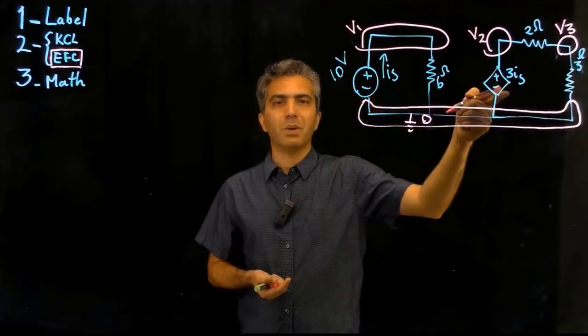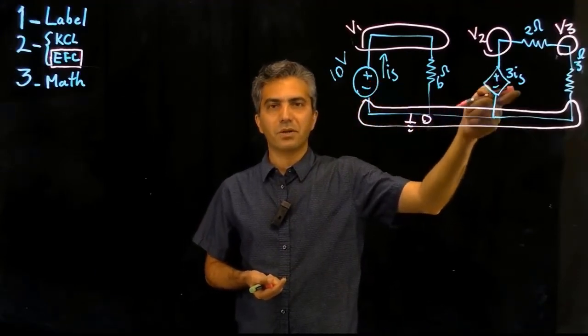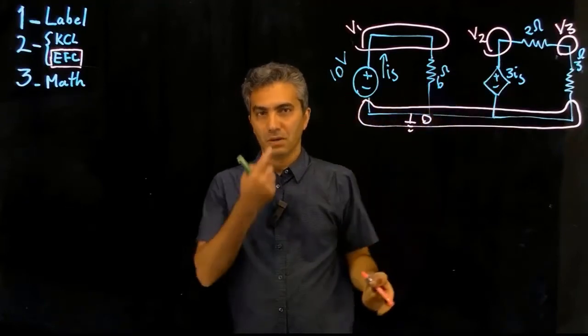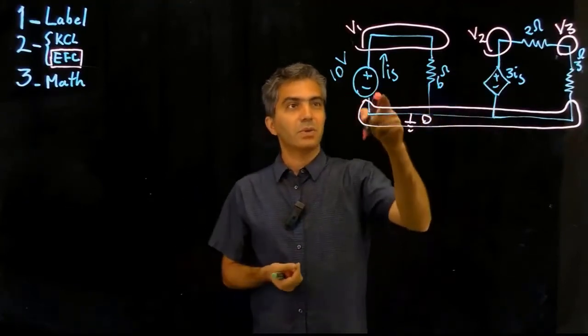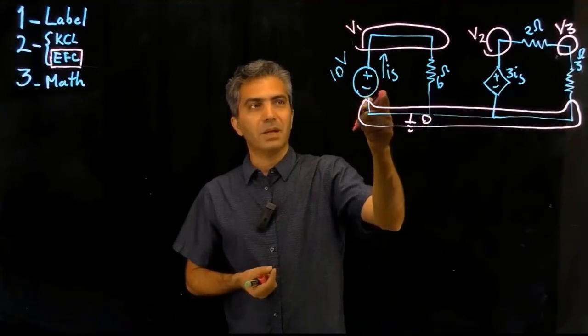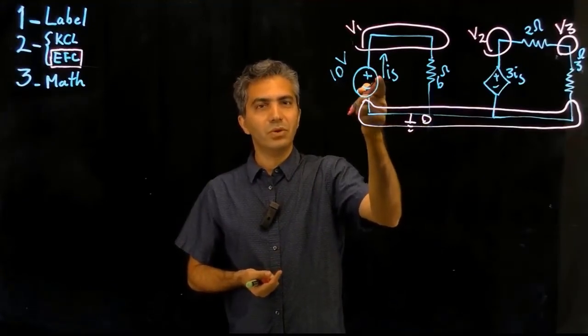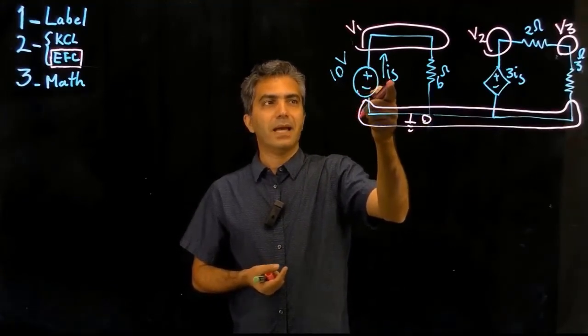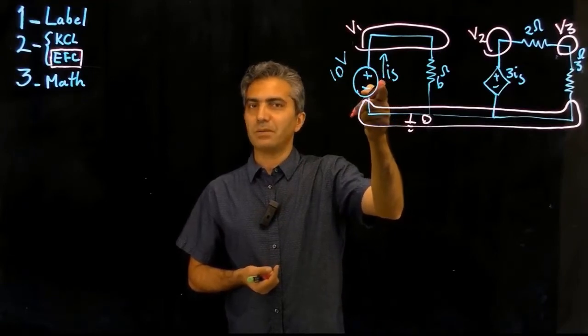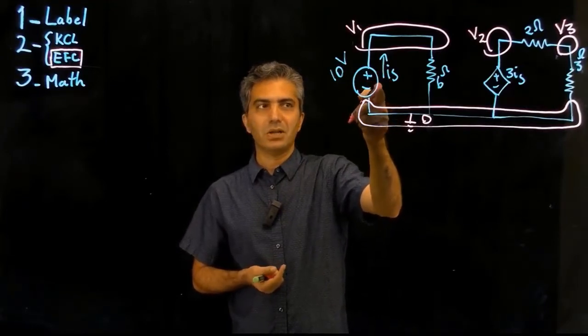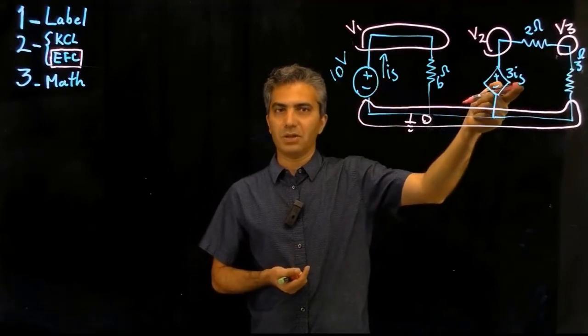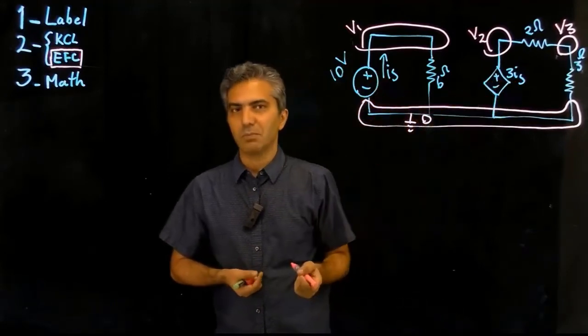As we said, with the dependent sources, the current or voltage is actually a function of other currents and voltages in a circuit. So I am bound to use that as the label for the current passing through that component. I can't change that, because by changing that, I would have to change this too. So instead, I'm just going to leave it be.